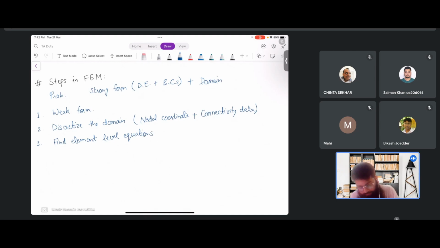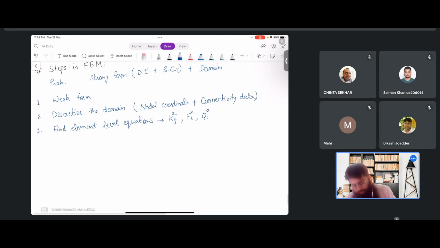That is basically we find the Kij, Fi, Qi, right? Then we perform assembly. It is basically local to global Kij, Fi, Qi.